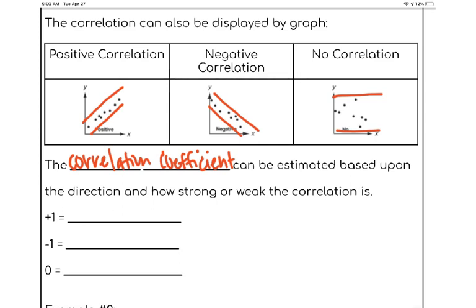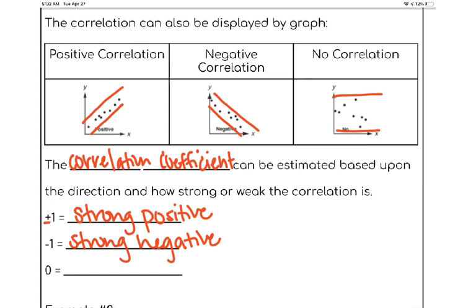So a positive 1 would be a strong positive correlation. A negative 1 would mean that it's a strong negative correlation. If it was not strong, it would be maybe a positive 0.5, or a weak negative would be negative 0.5. Notice how those are close to 1, but they're not 1. And then a 0 would be no correlation.